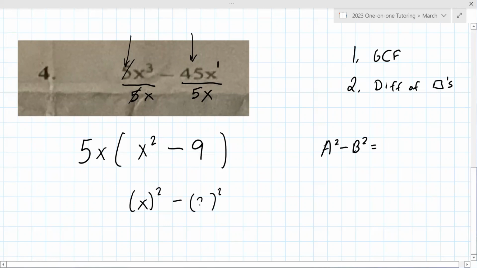So this is x and 3. And that's your a and your b. So your a is x and your b is 3, and it becomes a minus b, a plus b.